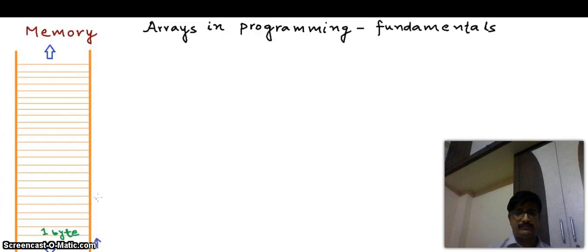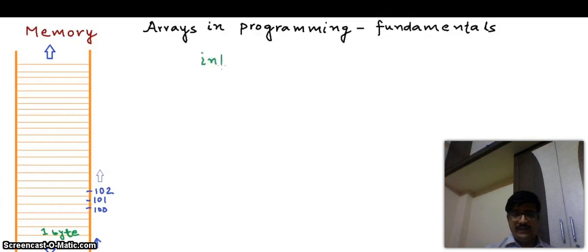So let's say, for example, if this particular byte has address 100, then this particular byte will have the address 101, and we will go on like 102, 103, and so on. And as we know, in C and C++, we have pointer variables that can store the address of another variable of similar data type.